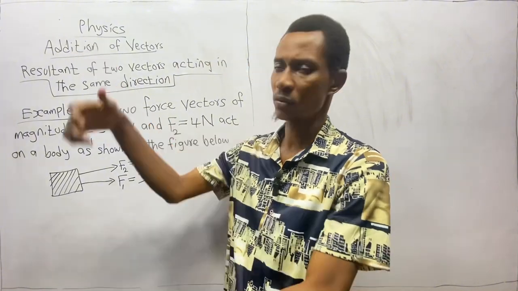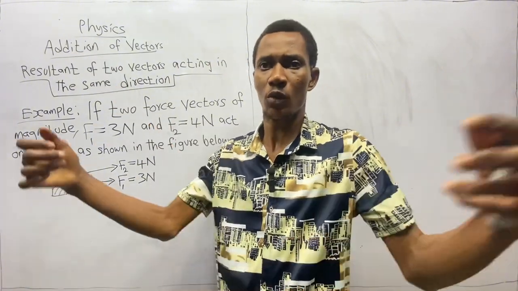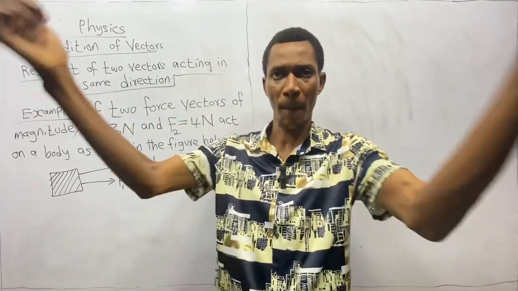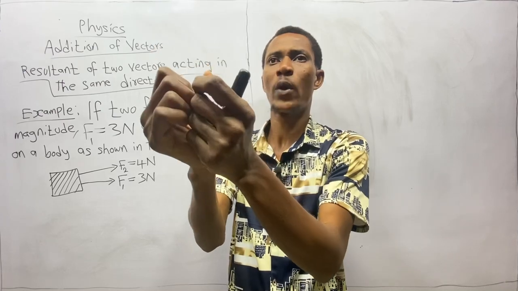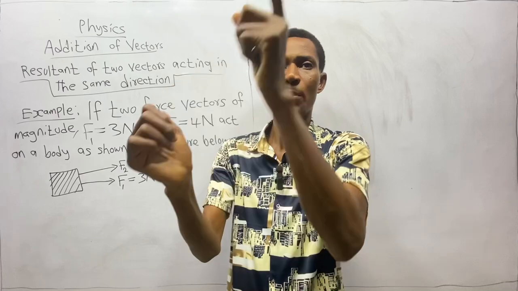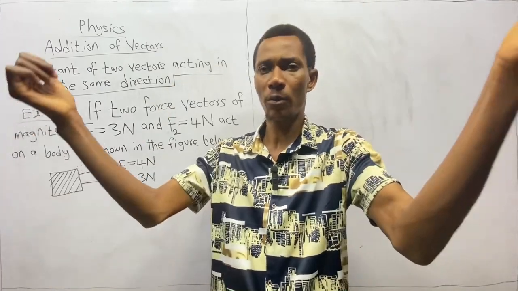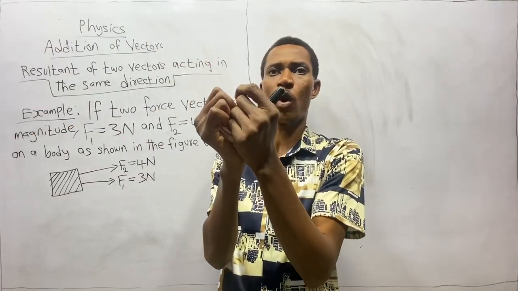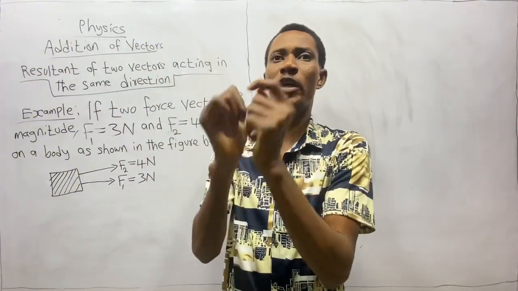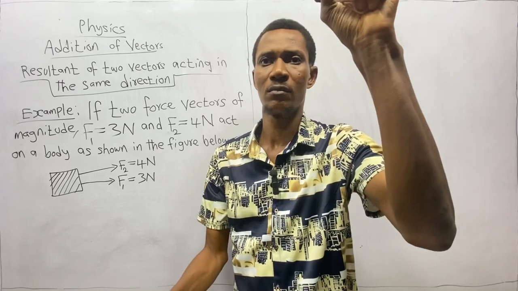From the word addition, in mathematics, addition means to come together. Addition means sum. So when two things come together, it gives us a particular thing. So that coming together of two things is called what? Addition. That addition of those two things will give us what? One thing.